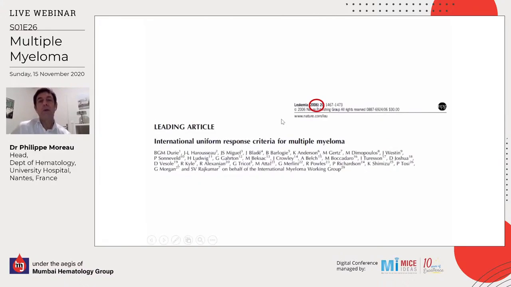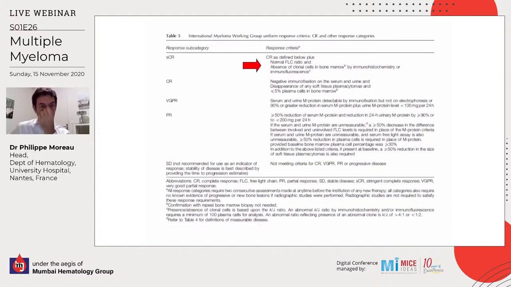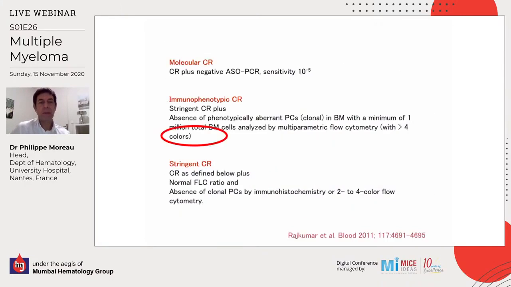Later, in 2006, the International Myeloma Working Group reported an updated version of these response criteria with the introduction of stringent CR. It was the first time we spoke about stringent CR: CR plus the normalization of the free light chain ratio and the absence of clonal cells in the bone marrow by either immunohistochemistry or immunofluorescence.